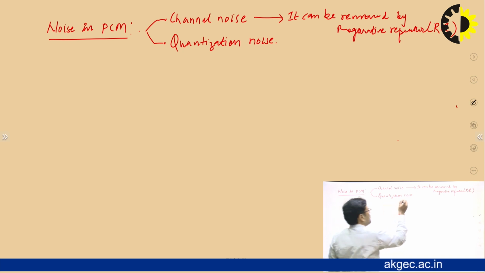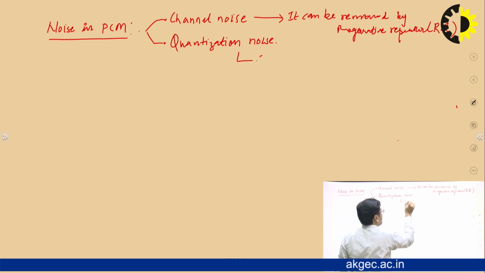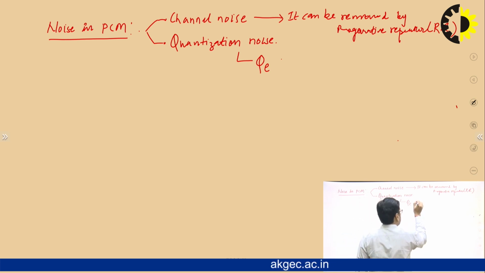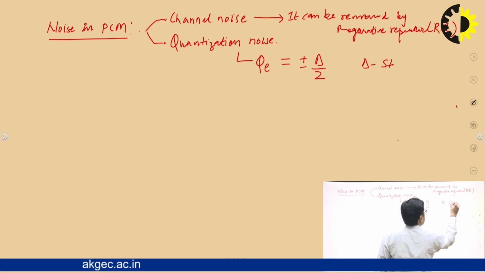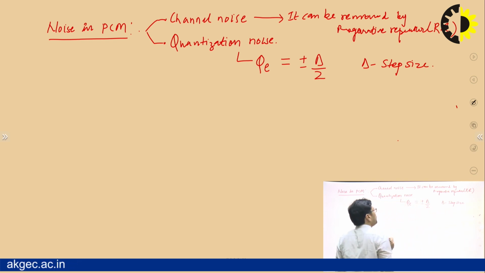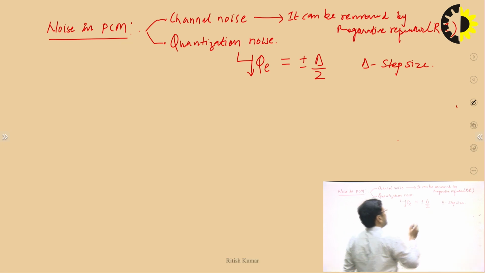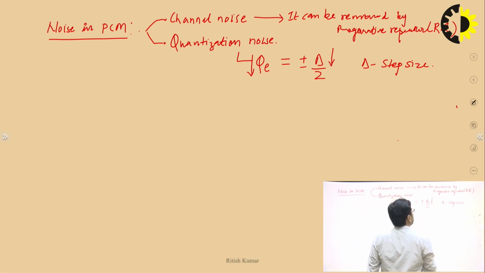Quantization noise we can represent with the help of QE. QE, as we know, is plus minus delta by 2, where delta is the step size. So if you want to reduce the quantization error, you have to reduce the delta size, that is the step size.